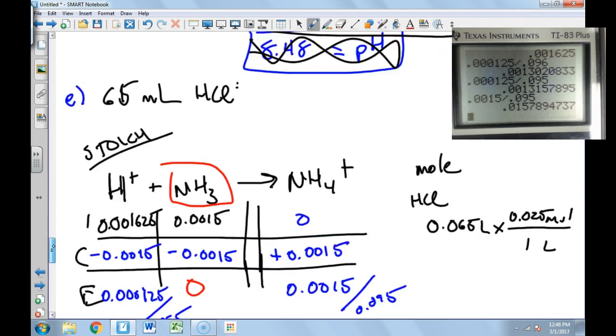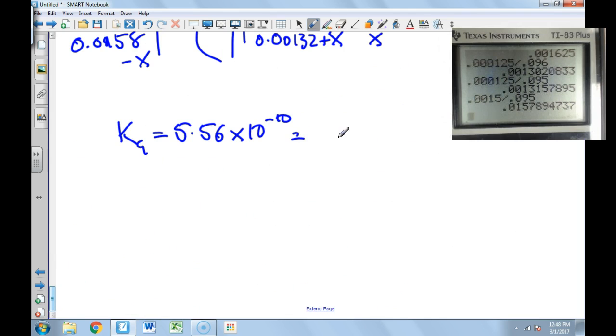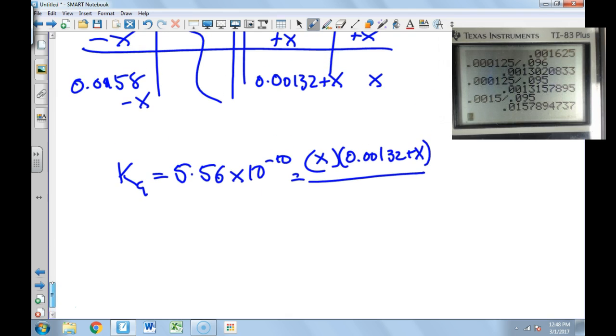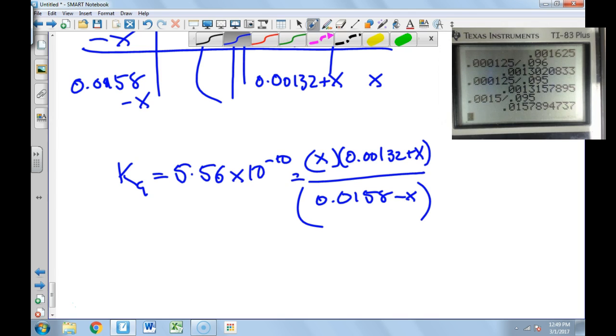Okay, yes, 5.56 times 10 to the minus 10, and that equals X over 0.00132 plus X, the products, over the reactants, 0.0158 minus X. Okay, and so now we can cancel these out with the 5% rule.